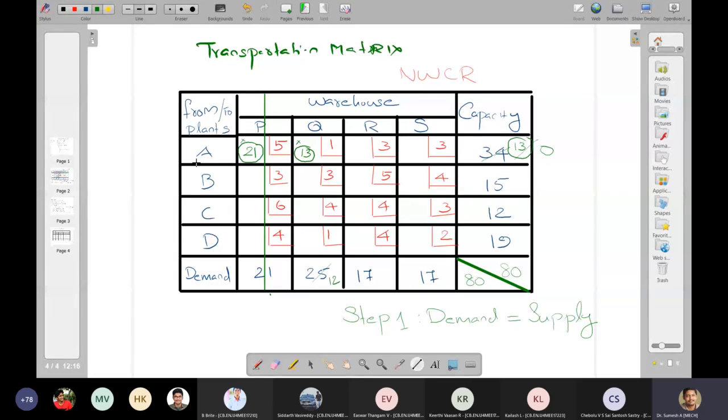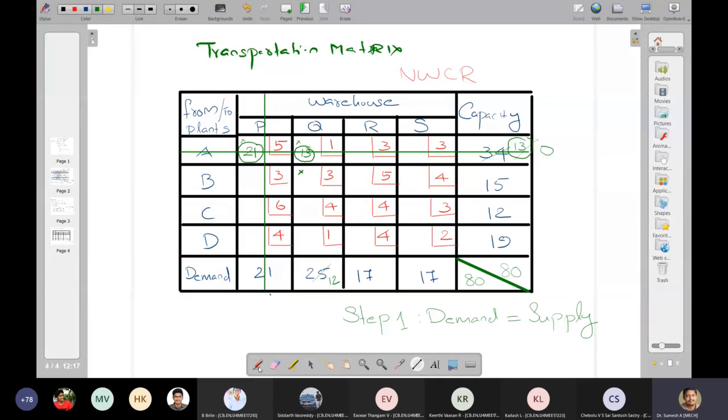Now which is the new northwest corner? The new northwest corner will be BQ, where the demand left out is 12 and the capacity is 15.